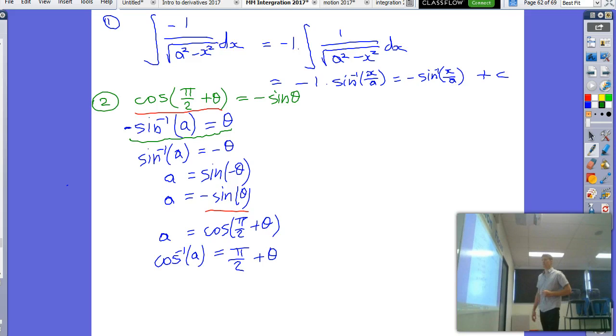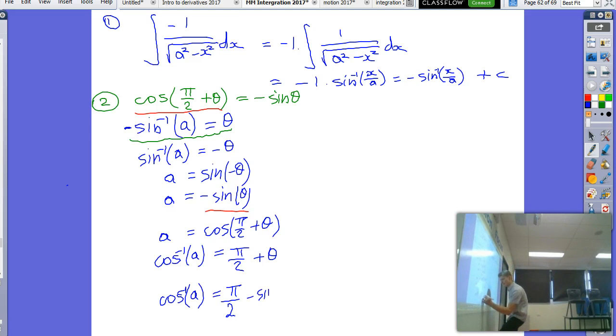Theta is actually the negative inverse sine of that A. So then that will imply that the inverse cos of some number is almost the same as the inverse sine, but it's being shifted by this pi on 2, of A. Yep.